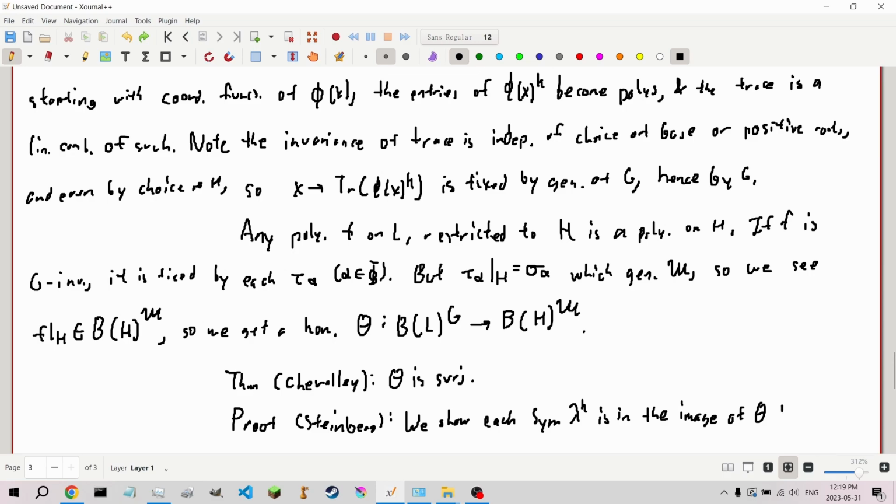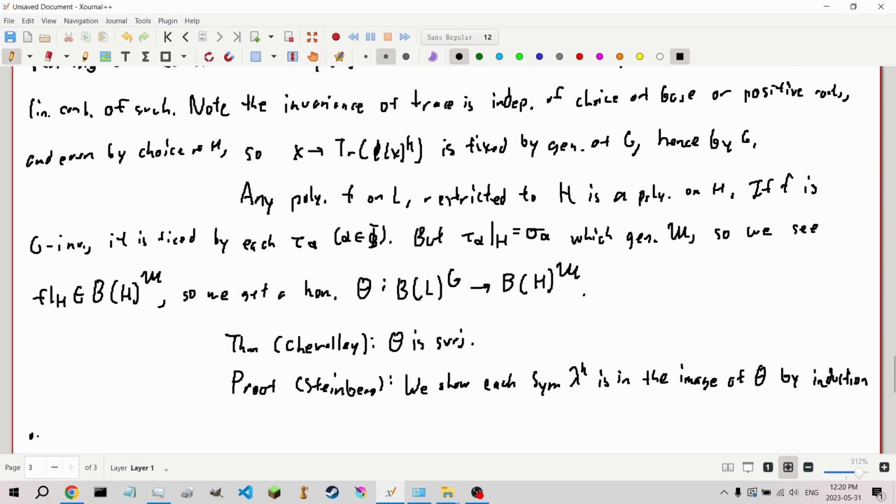And we show this by induction on the partial ordering of lambda plus, starting with lambda minimal, possibly even 0.